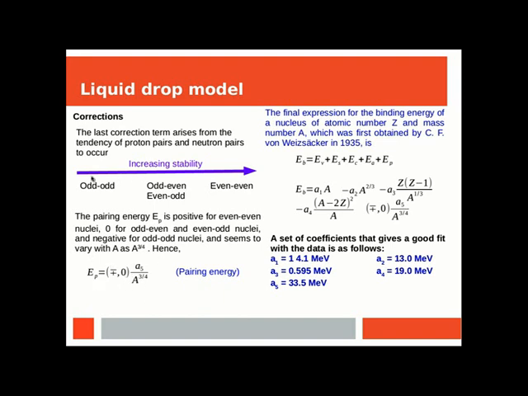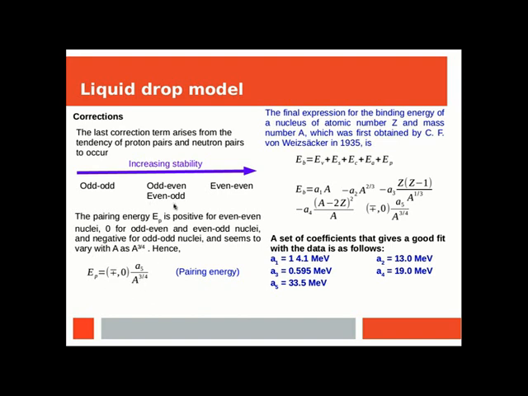Because see, odd arrangement tends to reduce the binding energy. Even arrangement tends to increase the binding energy, and in the even-odd arrangement, these two effects tend to cancel each other. This is why there is no change in the binding energy, because the pairing energy in this case is zero.